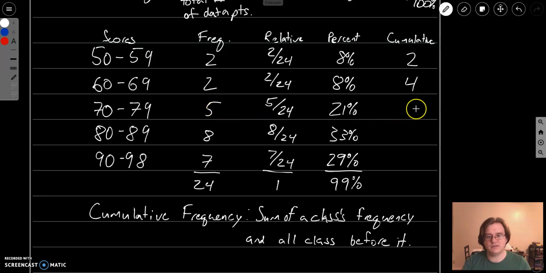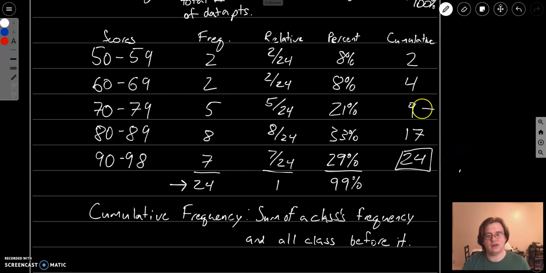Next, with 5, we'll have 9 test scores. With 8, we will have 17. And then finally, the last 7 will join, and we get up to 24. A couple of things to notice. The last entry in a cumulative frequency distribution should be the same as the total, because it should just be the sum of all of the frequencies.